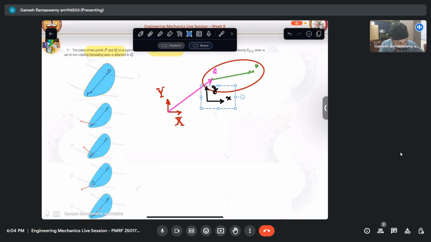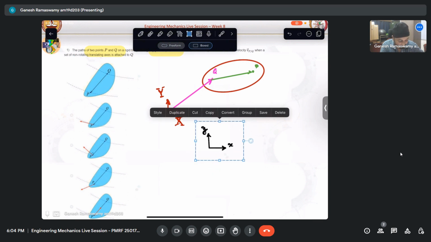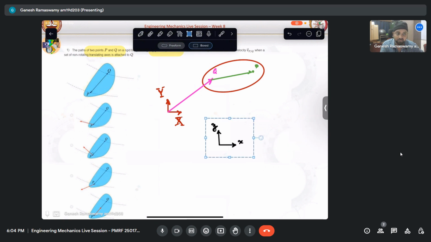The only constraint that is placed on this axis, the non-rotating translating axis, is that it cannot rotate with the object, but it can definitely accelerate. So it is to be understood clearly that non-rotating does not mean that it does not have acceleration. So it is not an inertial frame of reference. It may well have acceleration, but that acceleration would have to be linear.